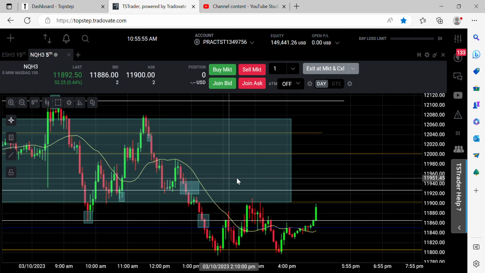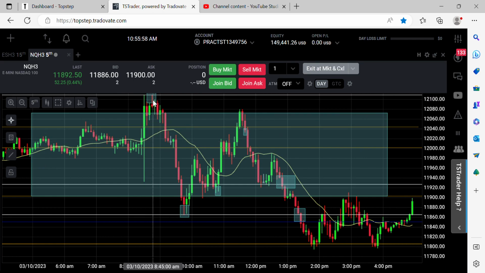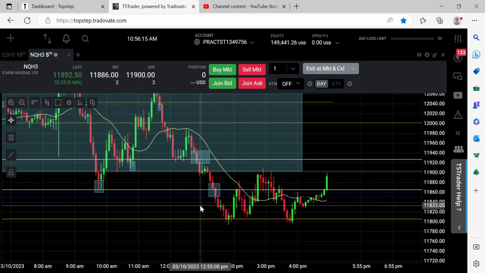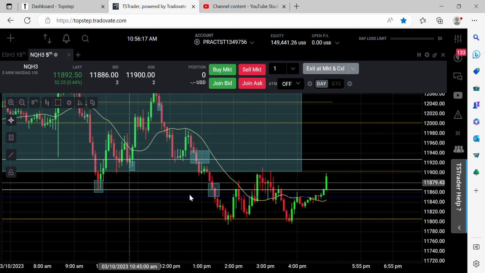The 5 is playable too. You know, you could call that a double bottom. You call that a double top. Trace. You might look to go long here. You're getting smoked, which is what I did. I got smoked here.